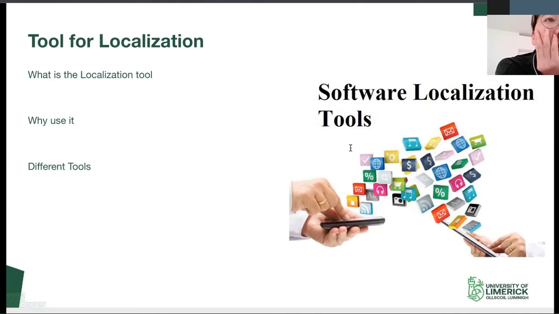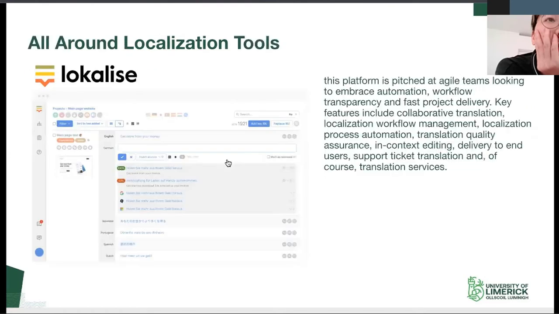Localization tools are either platform tools or independent tools. Localize is a cloud service. It has no additional tech requirements. This platform is good for agile teams looking for fast project delivery.